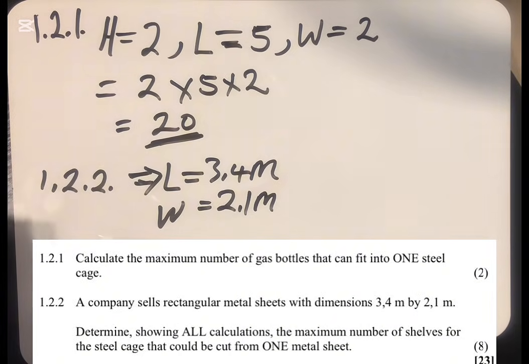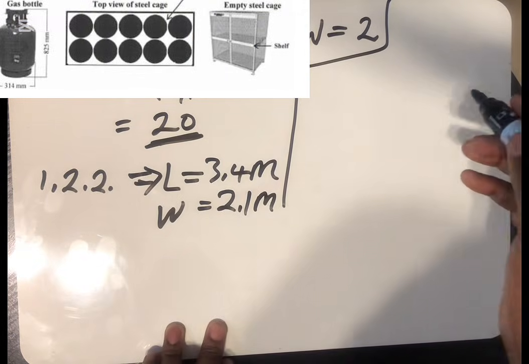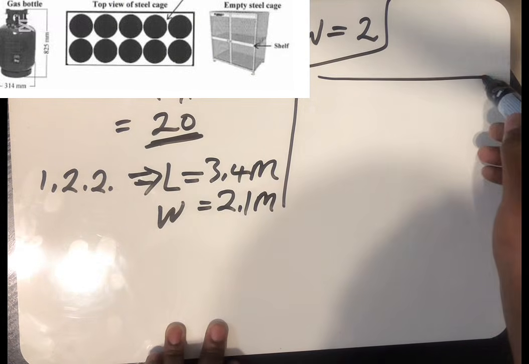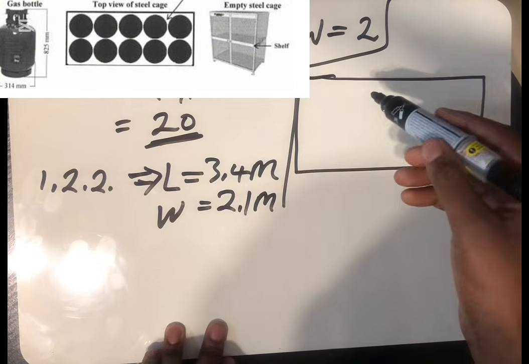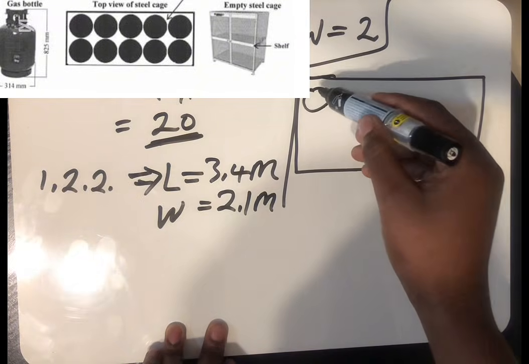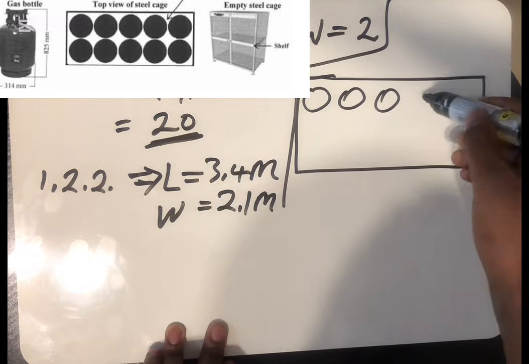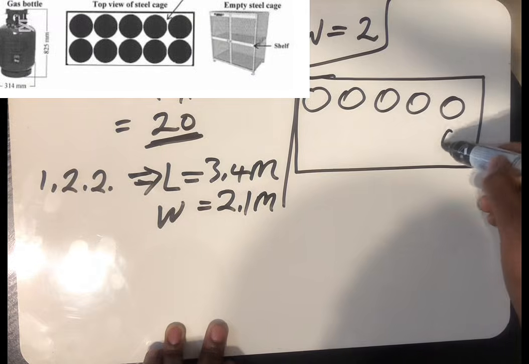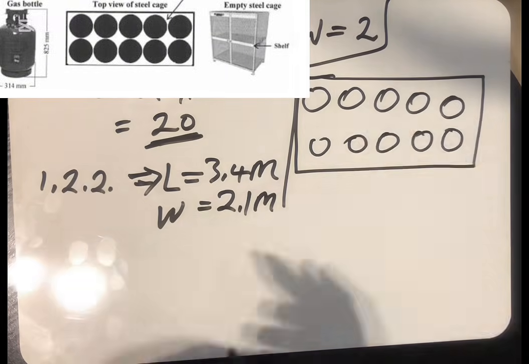Okay, what we must do here is determine the maximum number of shelves. This is very simple, good people. Let's check this scenario that we are having here. We are given 1, 2, 3, 4, 5, 1, 2, 3, 4, 5, 1, 2, 3, 4, 5.